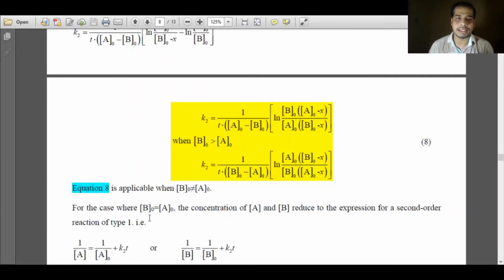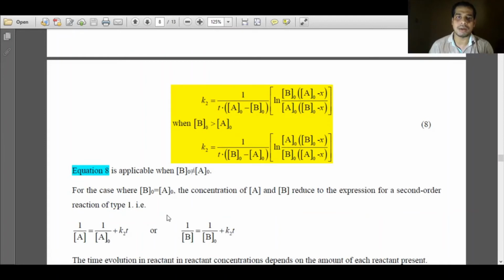Now there is another possibility: the initial concentrations of both reactants A and B can be the same. If that is the condition, then what will be the rate expression? The rate expression will essentially become the type 1 kind of expression. In type 1 we have only one type of reactant, and in type 2 we have two types of reactant, but if the initial concentrations of both reactants are the same, then the type 2 expression will also behave like a type 1 reaction.